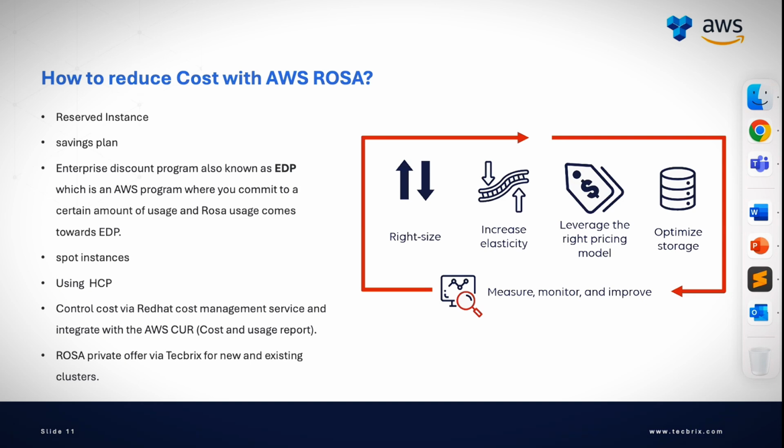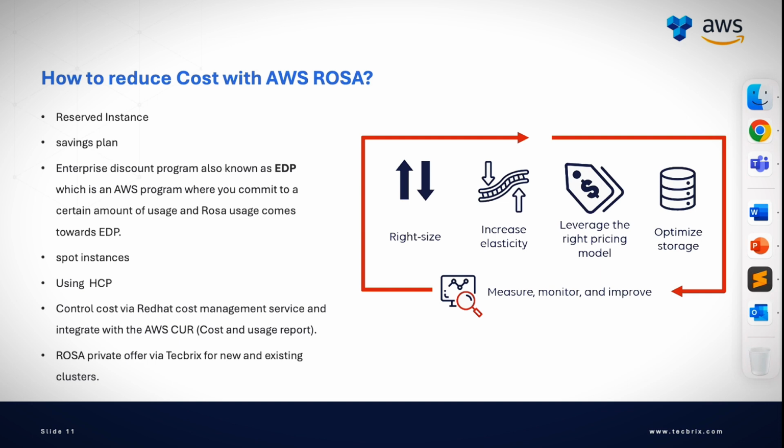Based on the first step, which is the subscription to the contract you make with Red Hat and AWS, you will receive that Red Hat Cost Management Service console, where you can see all of those costs by projects, namespaces, or the actual cluster cost, and plan your cost well.